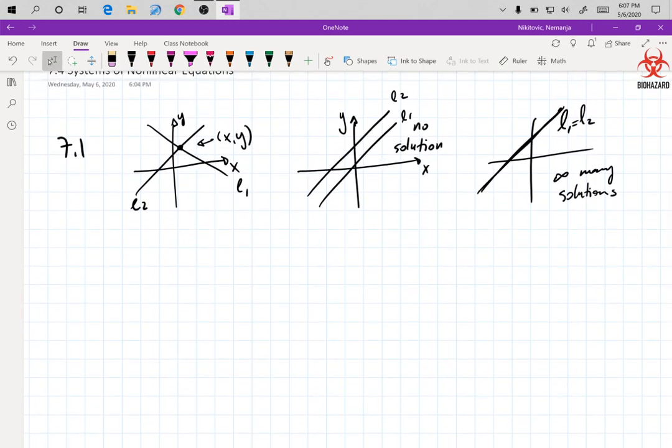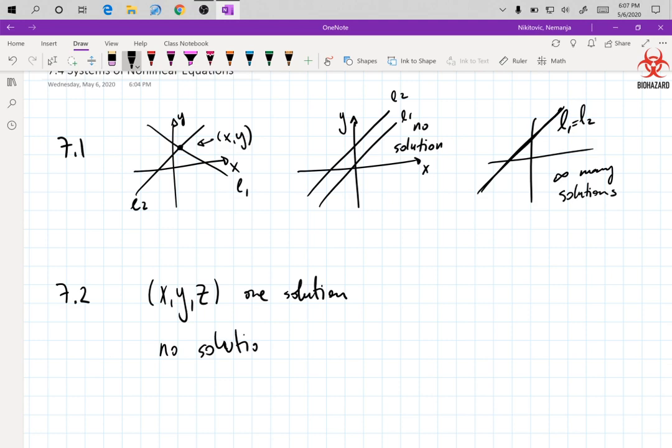Now you can have the same situation happen with 7.2, where you are intersecting planes. So you can have (x, y, z), one solution. You can have no solution with parallel planes.